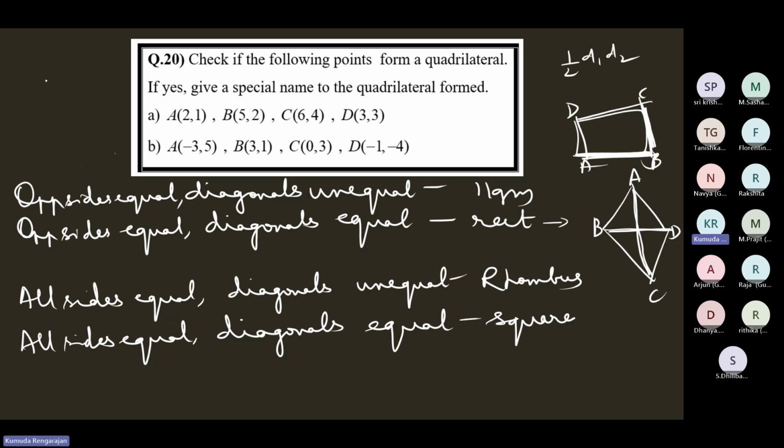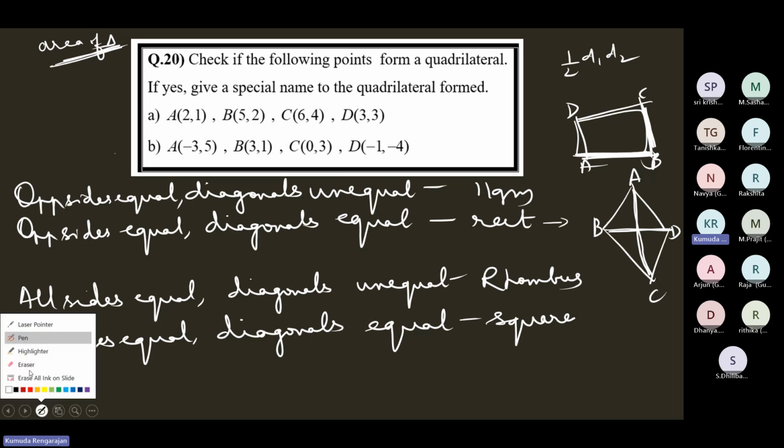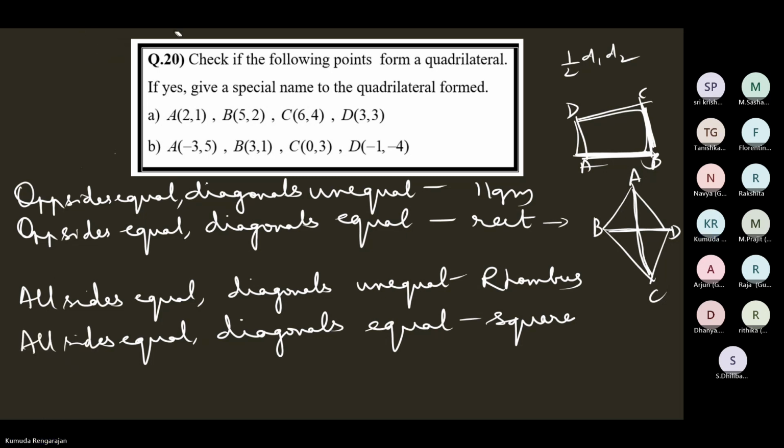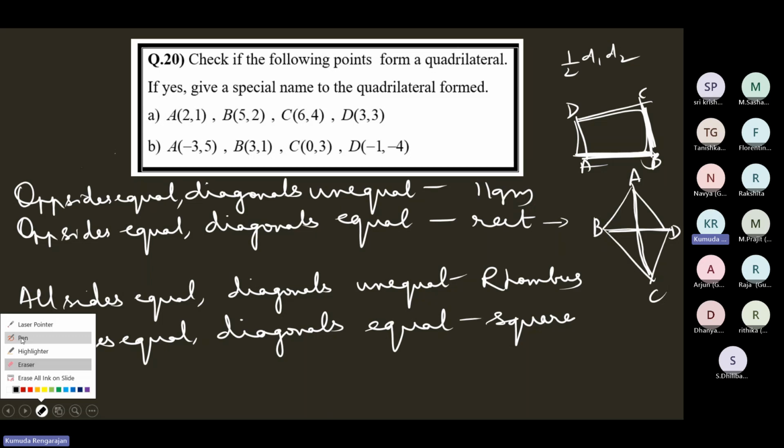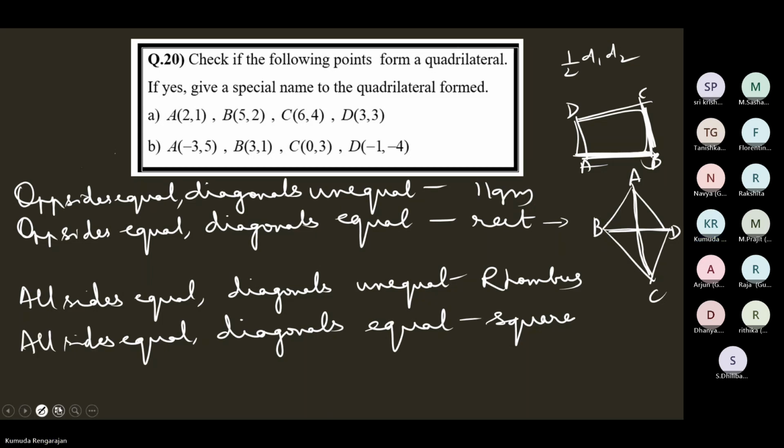Now parallelogram will be asked only if you had that other section, area of triangle. Since that section is removed, I'm not talking about area of parallelogram. So if it is area of rectangle, use L into B. Area of rhombus, half D1 into D2.